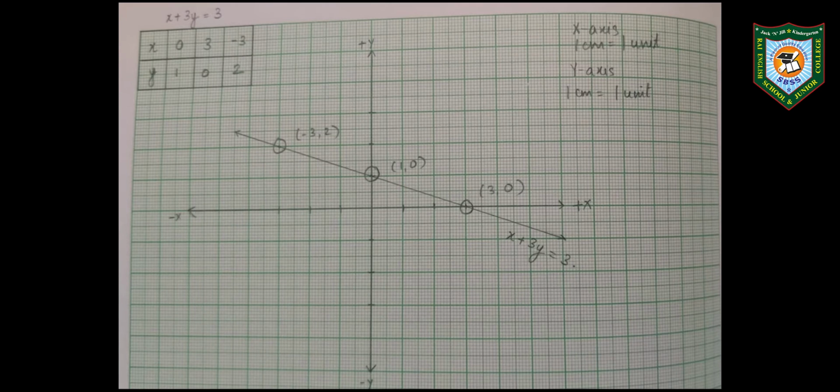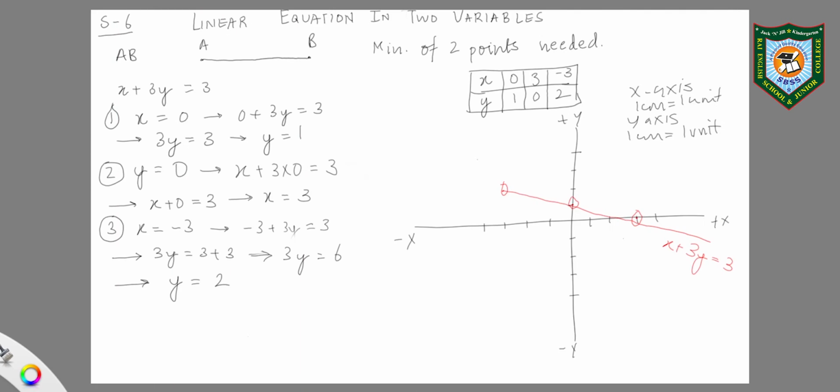Now we're going to plot a graph for the second equation and see how we get the solution by using the graphical method. Now let's say my second equation is x minus 2y is equal to 2. Similarly, I only have one equation, so I need to assume one of the values.